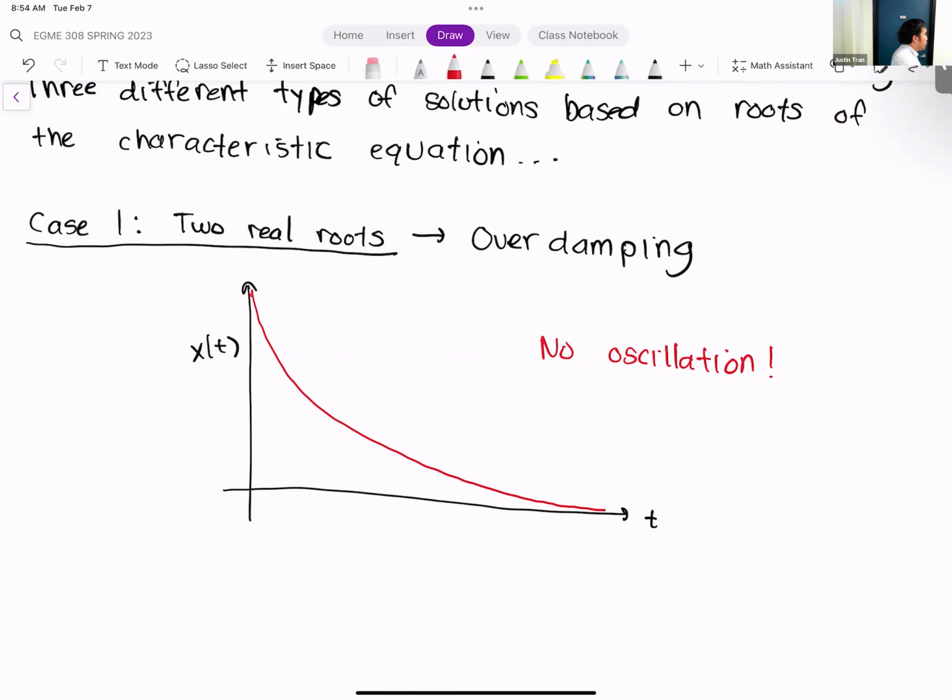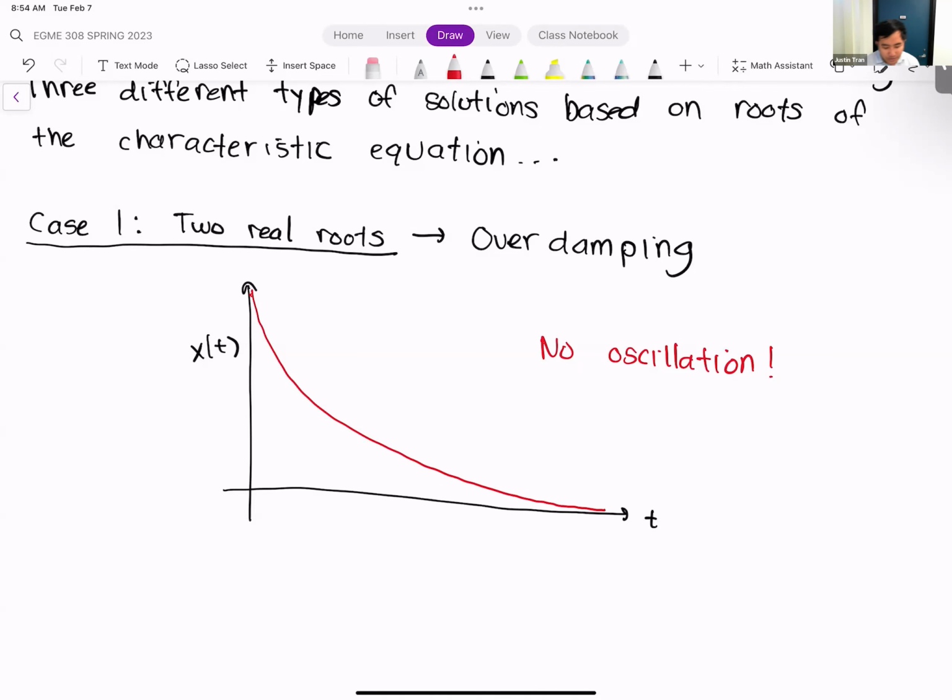You get no oscillation. You may excite the system, you may displace it, but because the damping is so high, like the friction or the air resistance is so high, the mass just returns to its equilibrium position without any oscillation.